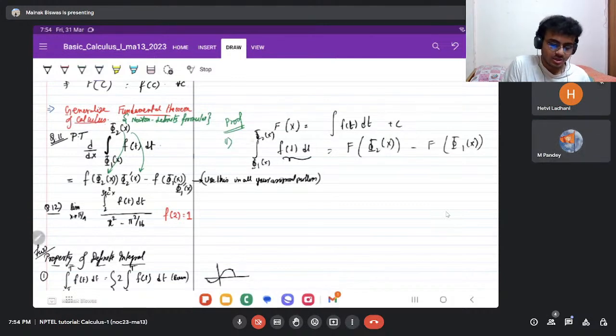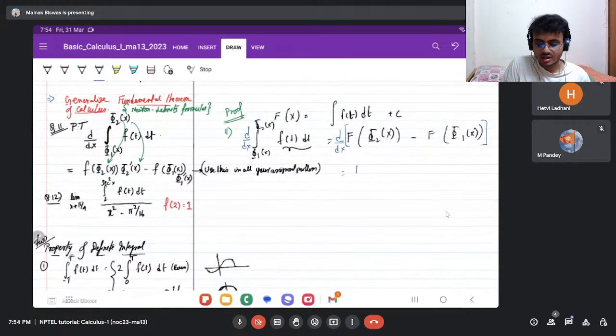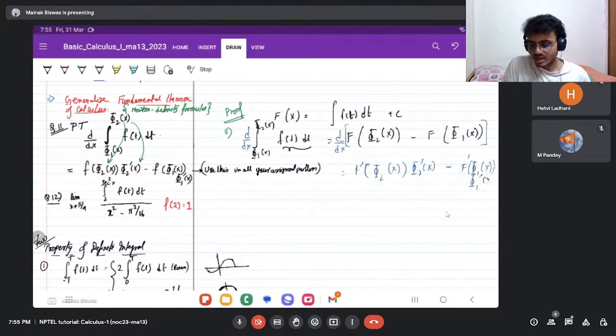Yes, so a simple proof. We don't need anything. You need to define F properly. If you differentiate, you get F dash, exactly the chain rule. I gave you the hint, right? You have to use chain rule and fundamental theorem of calculus. This is nothing but f(x), right?